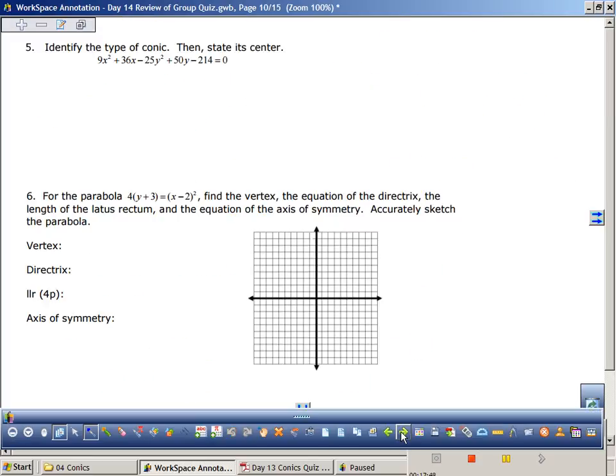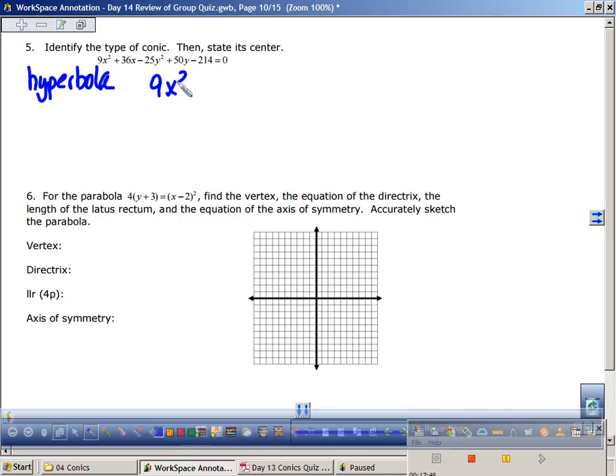Keep going. Identify the type of conic. X squared is positive. Y squared is negative, so this is a hyperbola. So I'm going to start with my x's. 9x squared plus 36x can be changed to 9 times x squared plus 4x plus something.